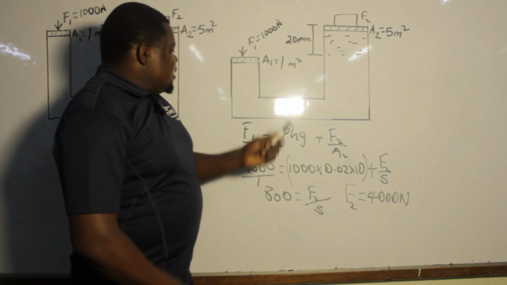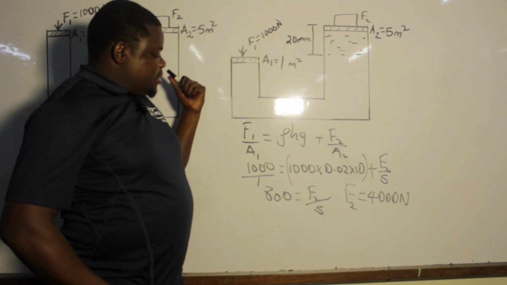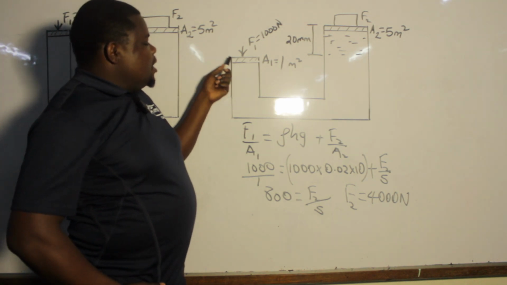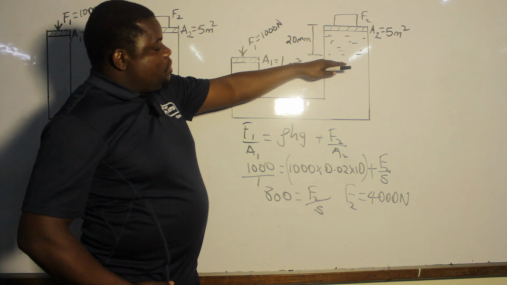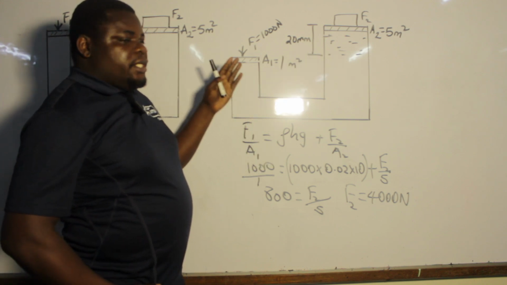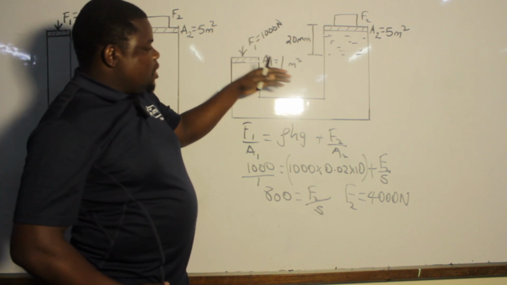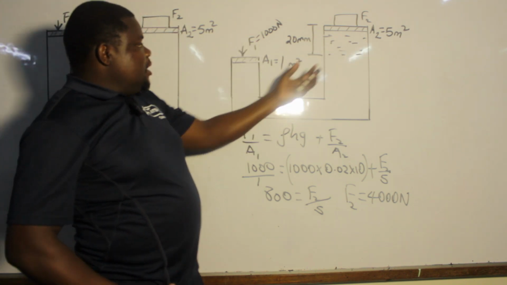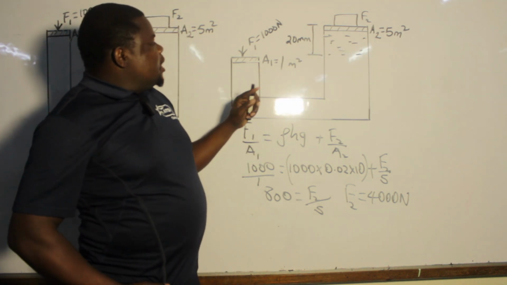Here we have another setup. This is another hydraulic system which is not the same as the previous one. You can see the master piston is slightly lower than the slave piston. Actually it does the same work, where it reproduces a small force into a higher force, because the ratio of areas is more than 1.